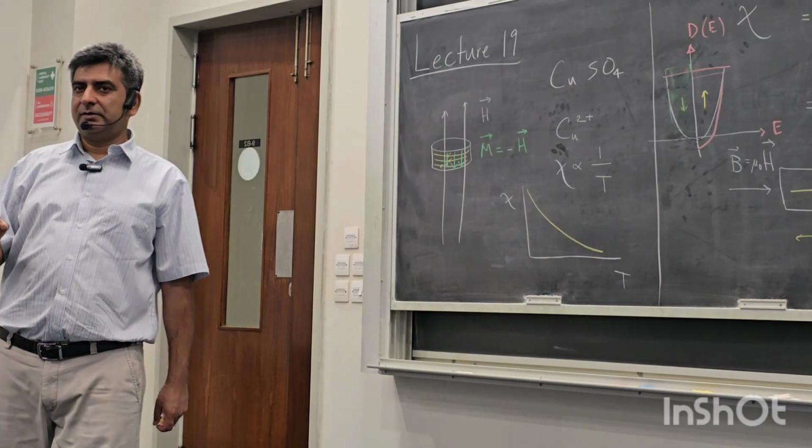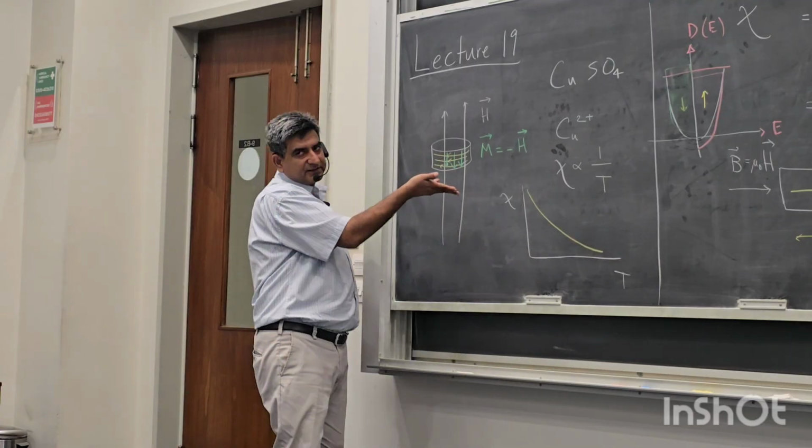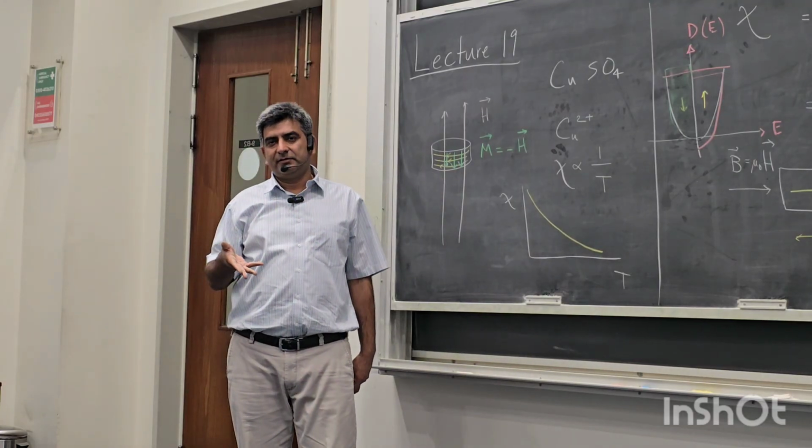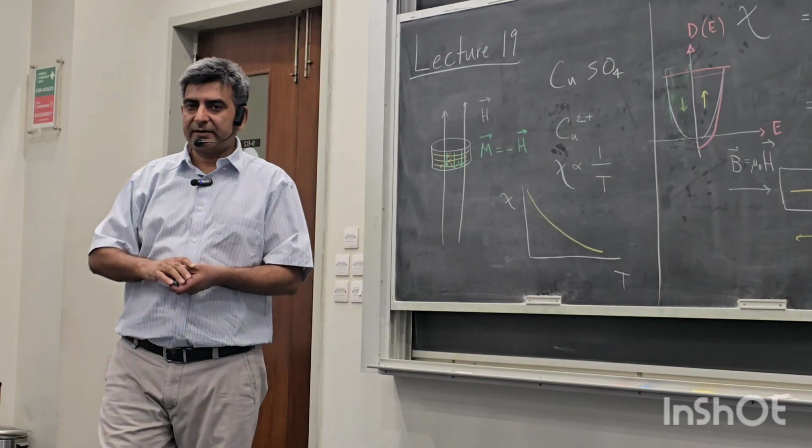Okay? So it's a perfect diamagnet, and that's why this superconductor levitates when placed inside a magnetic field.